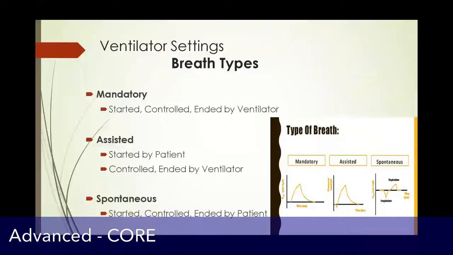Then second is an assisted type of breath. This is started by the patient, so they take an inhalation. It can be fairly shallow, but they start the breath, and then the ventilator helps deliver that breath with pressure, and it has a setting where it will stop that breath and allow for expiration.